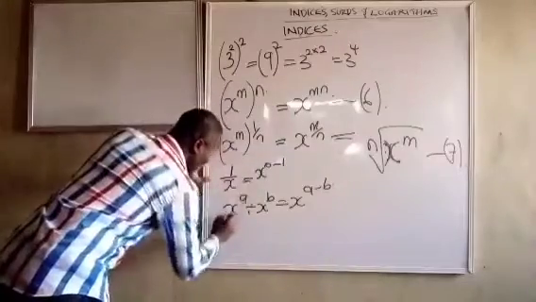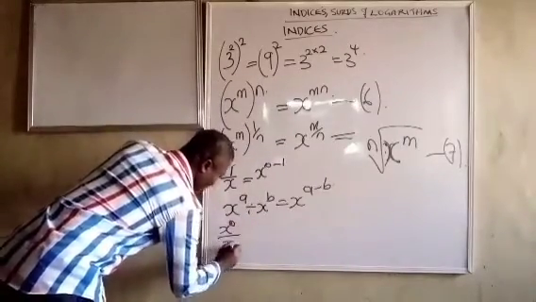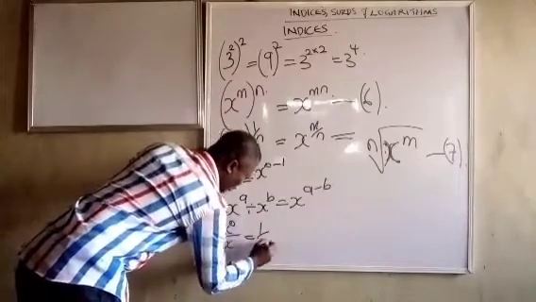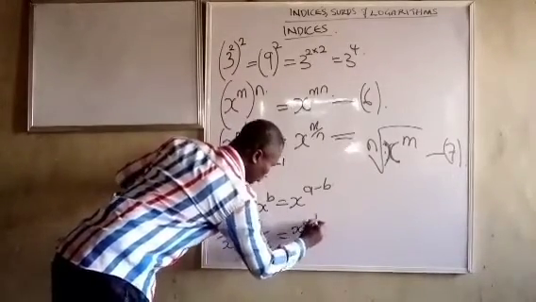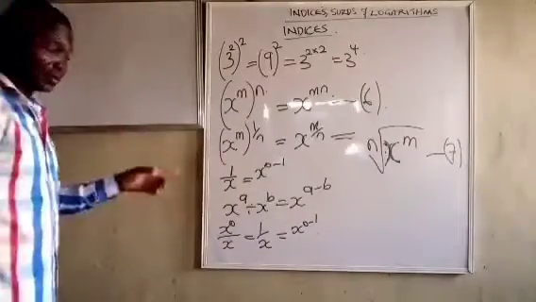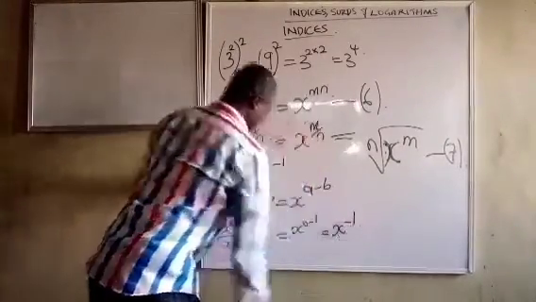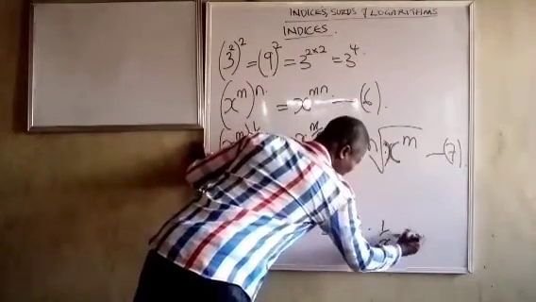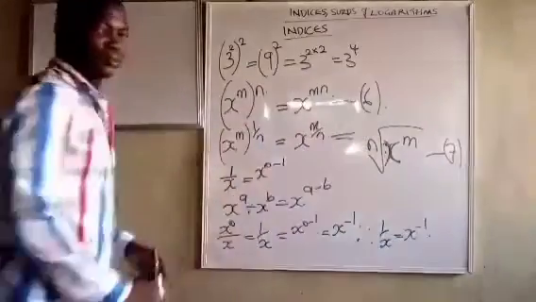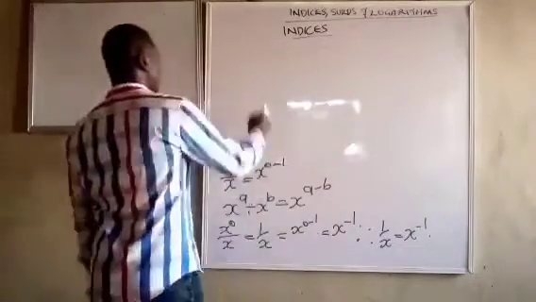So in this instance, 1 equals x raised to power 0, over x is 1 over x, which is x raised to power 0 minus 1. I'm trying to derive something. So this is x raised to power minus 1. Therefore, 1 over x equals x raised to power minus 1. That is what that means.